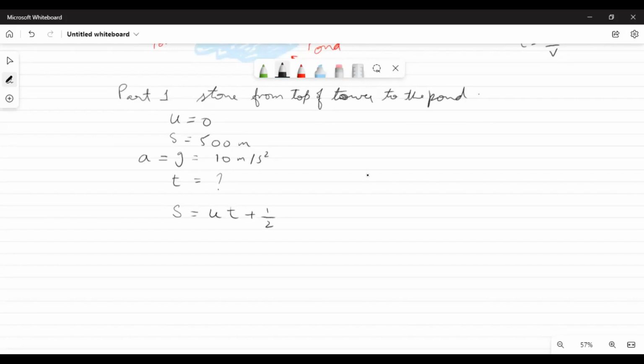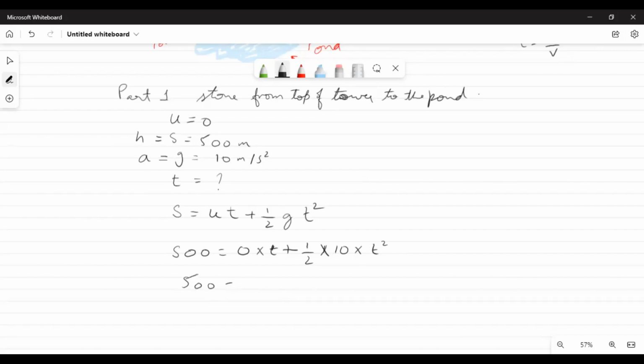Acceleration is g here, so we can write half gt square. s is actually the height. So 500 equals u, which we have taken as 0, I have told you why, multiplied by t, which is not given to us, plus half g, which is given to us, so we can write 10 into t square.